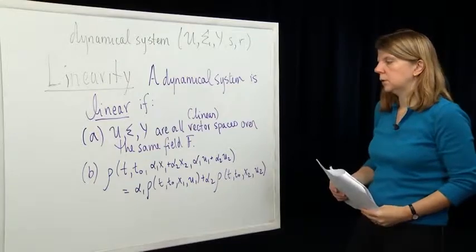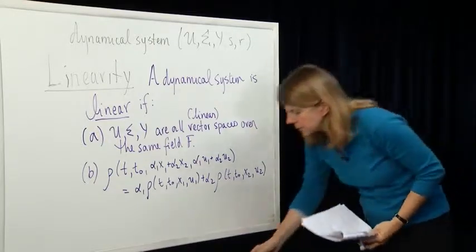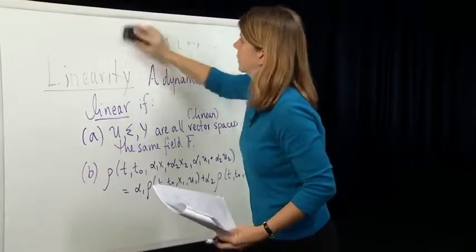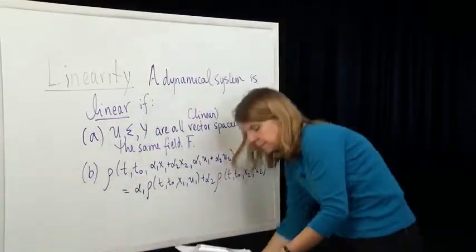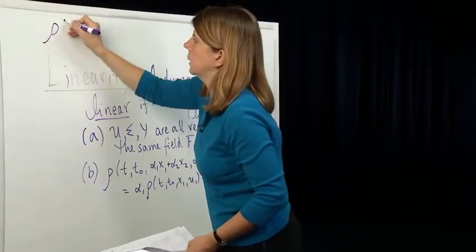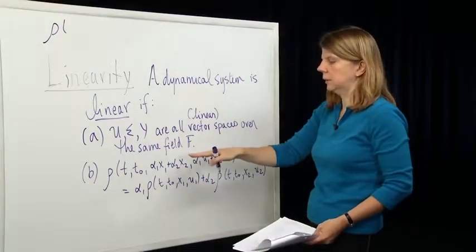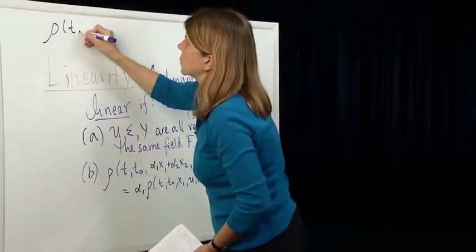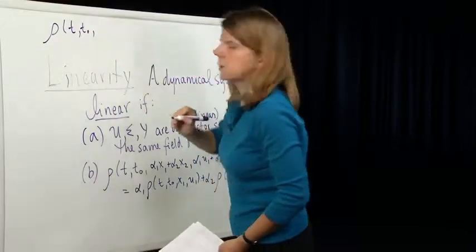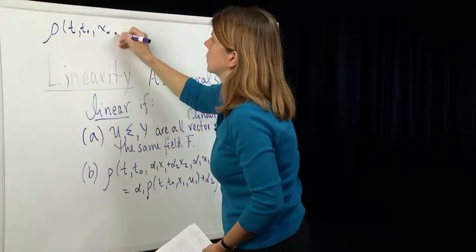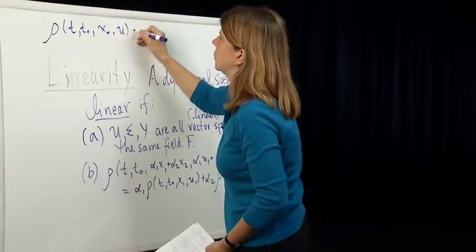Okay, so that's the definition of linearity, and we can sort of think about some special cases now. We could, for example, think about the zero input response and the zero state response. Now in the case of a linear system, we could look at a special case of the response at t, given that we started at time t0 with initial state x0 and input u.